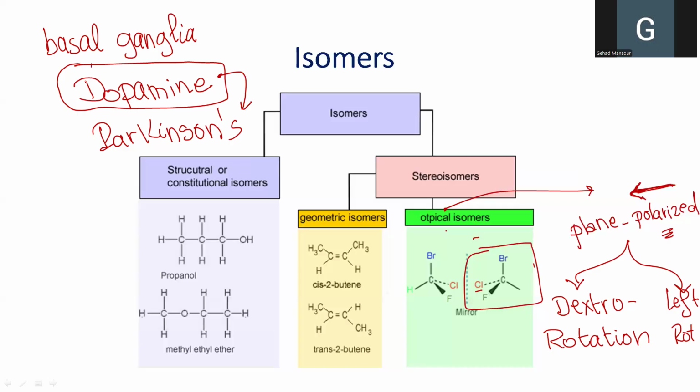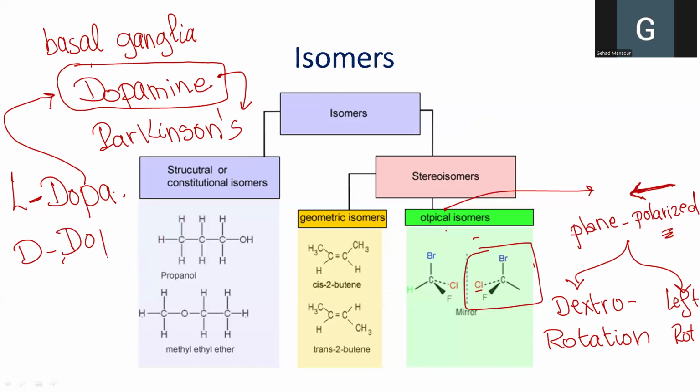So you treat the patient by giving dopamine. DOPA is the precursor of dopamine, and it has been found that L-DOPA, the L version of DOPA, is effective in giving dopamine in the basal ganglia of the brain and treating Parkinsonism, whereas D-DOPA, the other optical isomer, is ineffective.